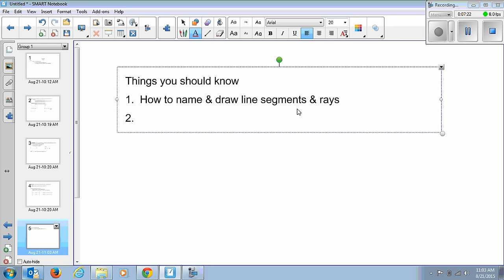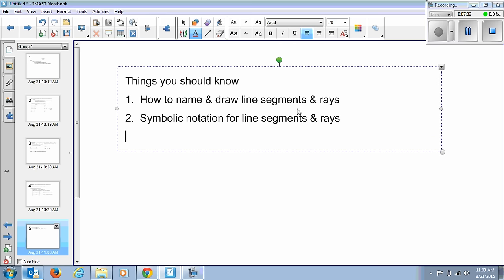Second thing you should have learned is how to use your symbolic notation for line segments and rays. And the third thing you should know how to do is identify congruent parts and write symbolic statements.